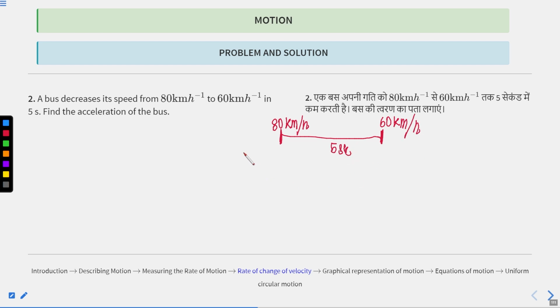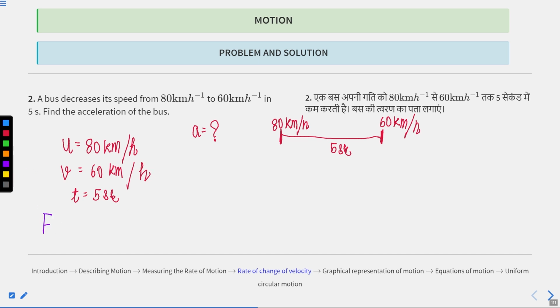We have to calculate acceleration. So what is the initial velocity? Initial velocity according to this question is 80 km per hour, and final velocity is 60 km per hour. Time taken is 5 seconds. We have to calculate acceleration.